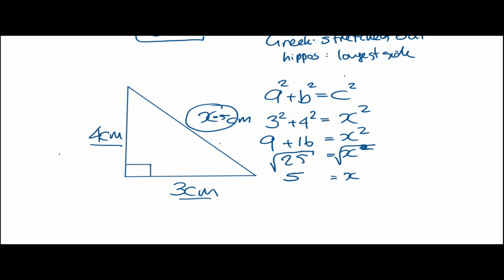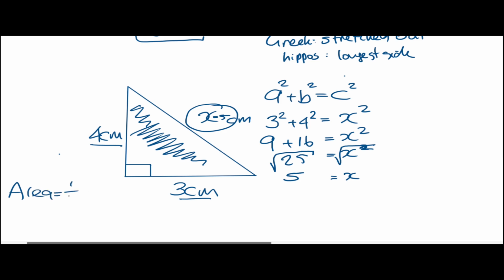So far, so good. Now we want to know the area. What's the area of this right angle triangle? Well, right angle triangles are really easy to find the area. The area is half the base times the height, but recognize that the base is already given and the height is already given as 4.